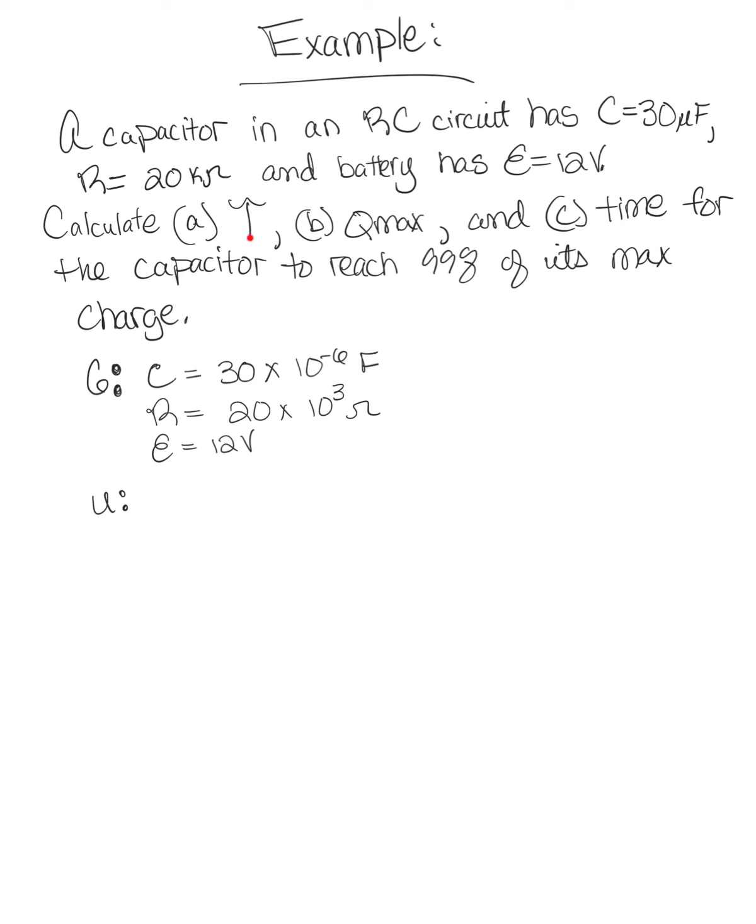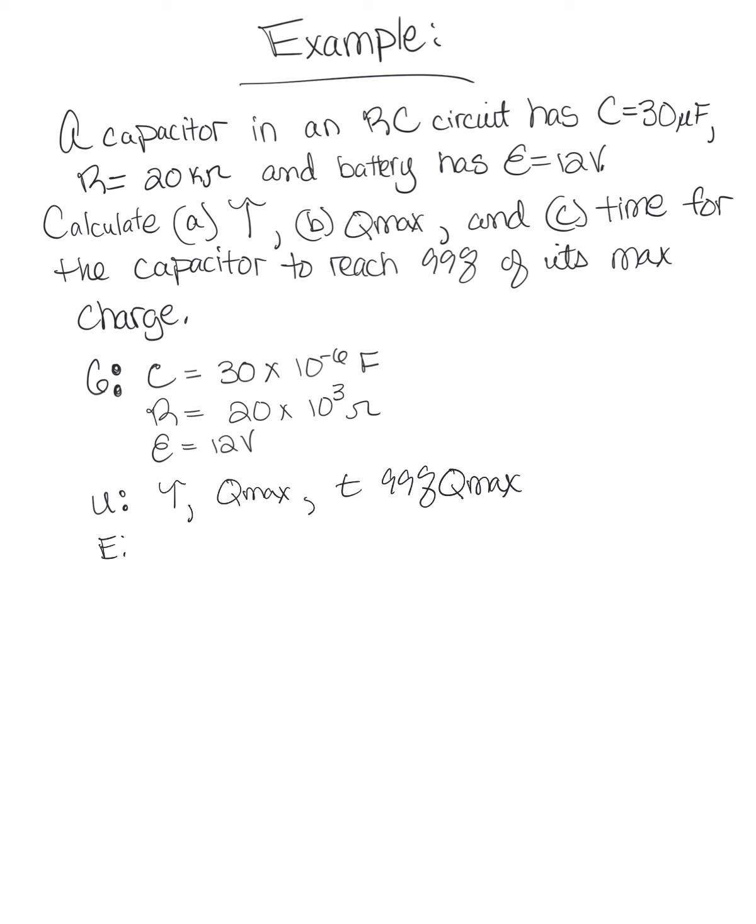So our unknowns are tau, Qmax, and the time for the capacitor to reach 99% of its max charge. So we want to know tau, we want to know the maximum charge, and we want to know the time to reach 99% of Qmax.